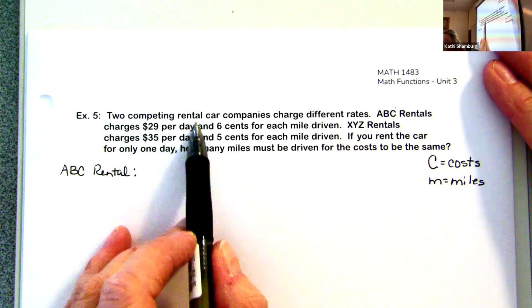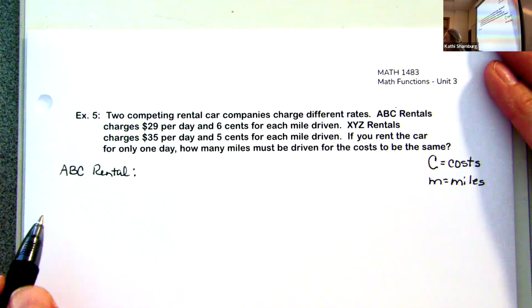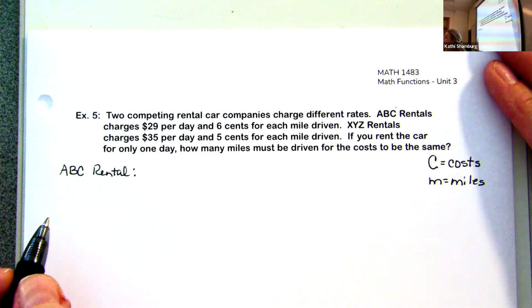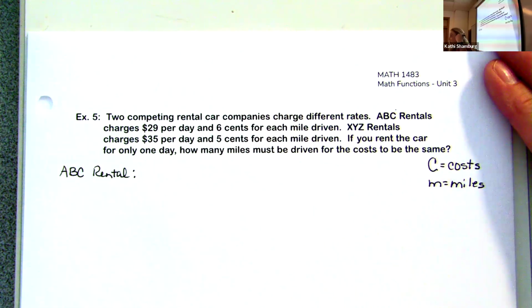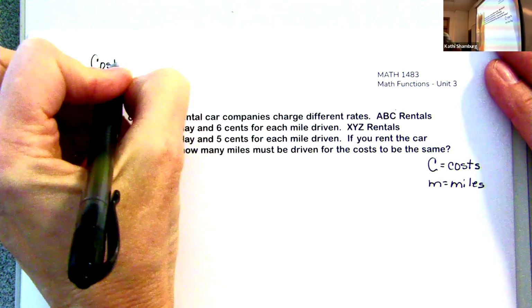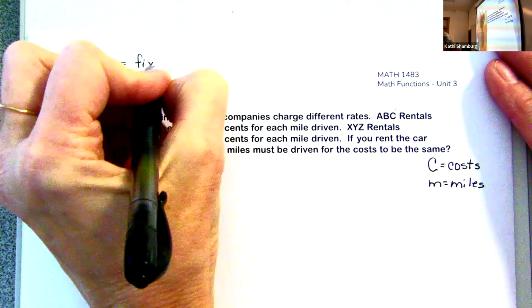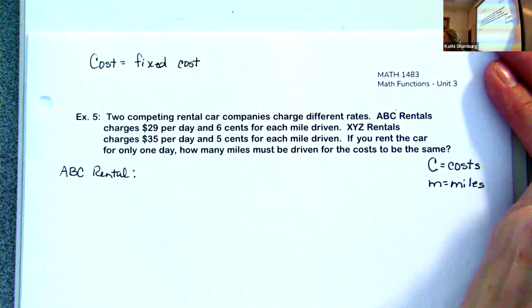Does anybody recall what this 29 would be called? Not your initial value. Think back further. Fixed costs. Remember when we talked about fixed costs and variable costs? Okay, so this goes back. We have to think back to what we've done before, and we know that cost is equal to fixed cost, which is like your initial value, but I was looking for fixed costs.